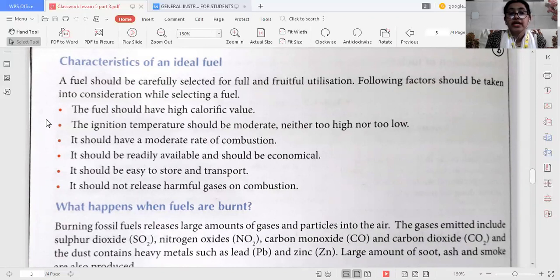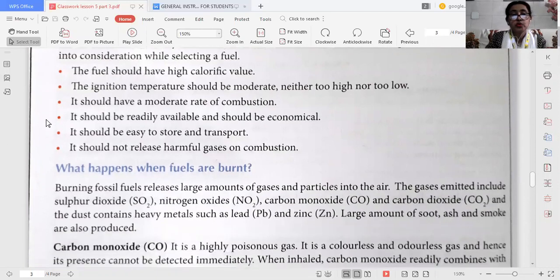It should be readily available and economical, meaning very cheap. It should be easy to store and transport. And most important, it should not release harmful gases, because that is a very big problem nowadays. When fossil fuels burn, they release very harmful gases. So these are the main characteristics of an ideal fuel.